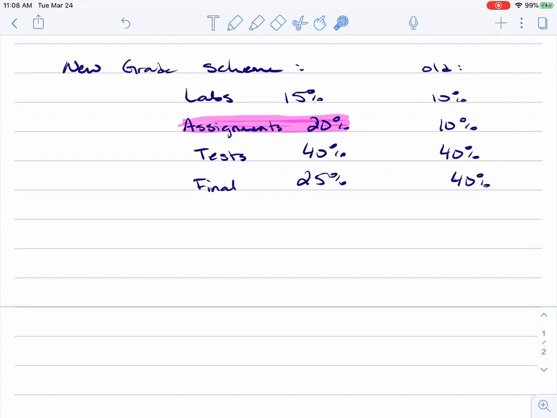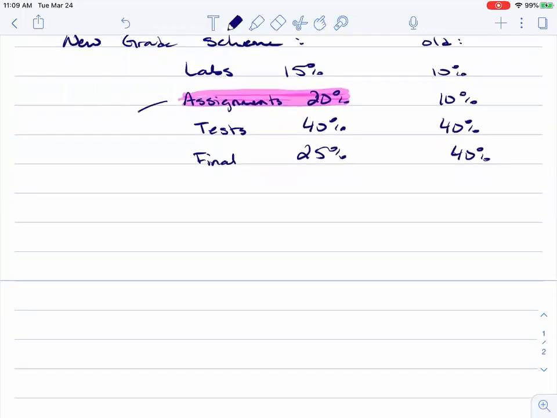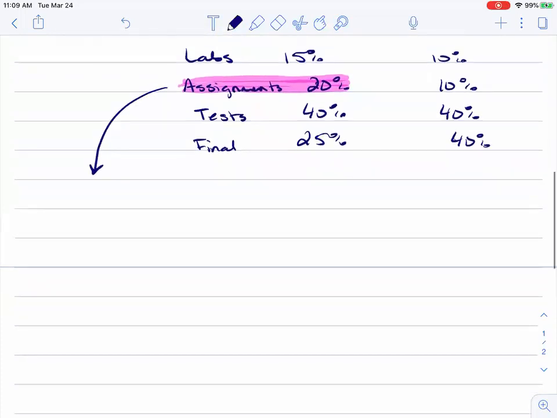And even if you've been slipping behind on the assignments when they were worth 10, that's not really a big deal. But now we're throwing this curveball and making it 20%. So I do want to give you an opportunity to recoup those grades. Okay, so I will reopen assignments.